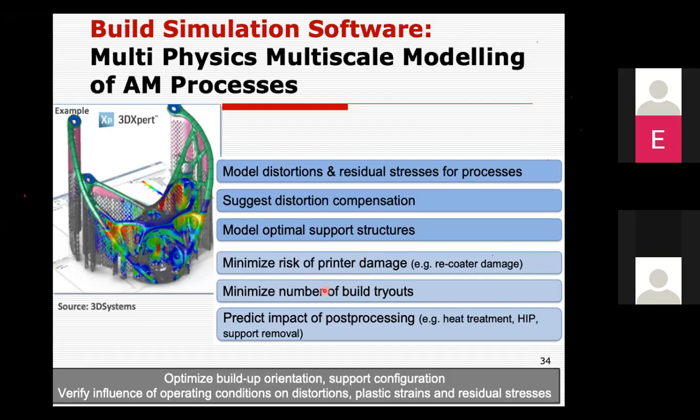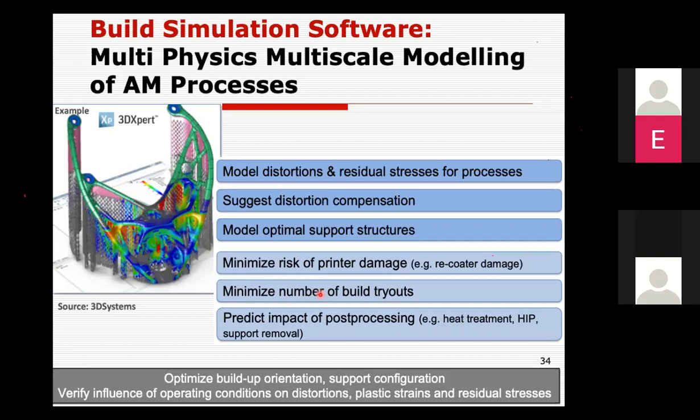The machine costs around 2 crores, and the powder costs around 20,000 rupees per kg. So you don't have the luxury of playing with or destroying parts. We need to minimize the number of build tryouts.